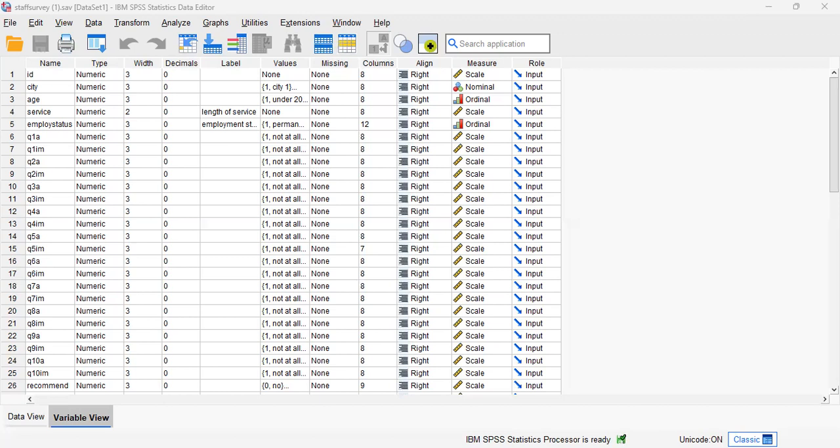In this chart, we use the other statistic. I found the mean total staff satisfaction, and you can either drag it over or highlight it and click the arrow and it inserts it. Then for your category axis, we did the age recode in 4 groups. This time we defined our lines by employment status.